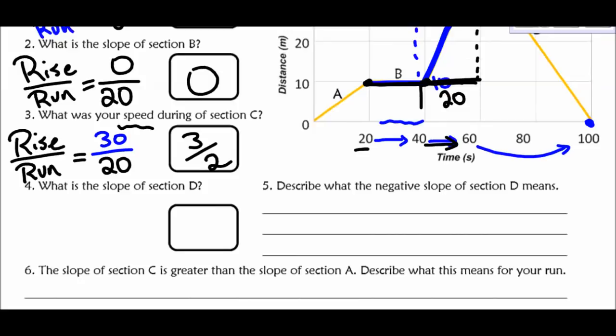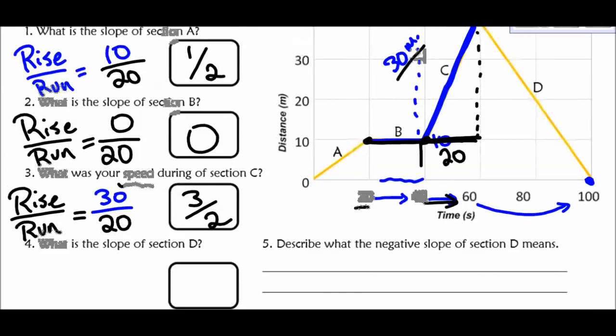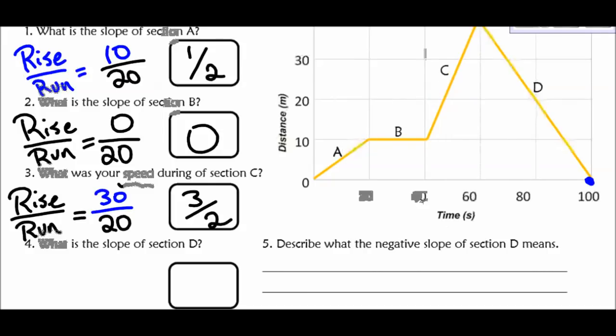Alright, the slope of section D now. I'm going to erase all of this. So from 40 down to 0. That's a negative 40. This is the first time we see a negative slope. We're dropping 40.